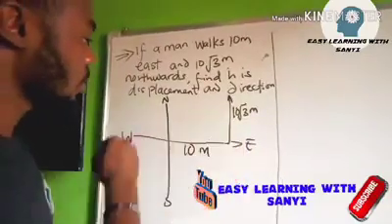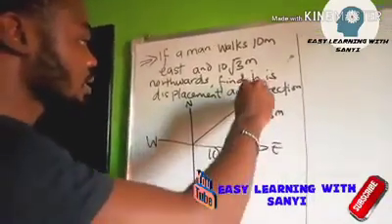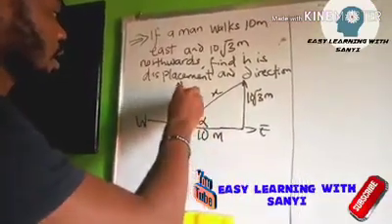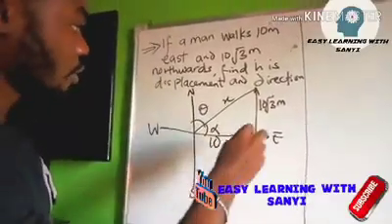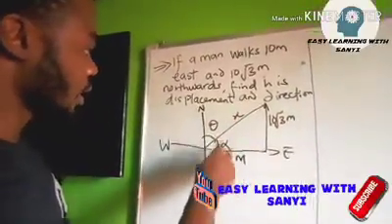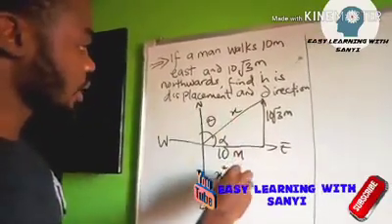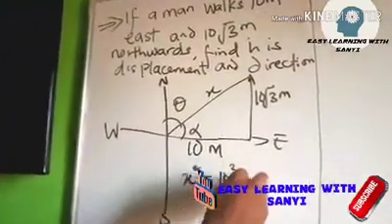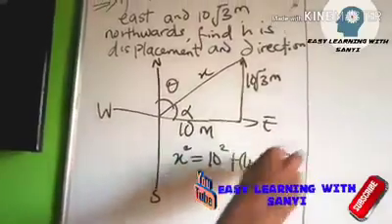As I told you in previous tutorials, this will be his displacement. Let's call it x, and let's call the angles alpha and theta. From here we can see that the formula is x squared equals 10 squared plus (10√3) squared.